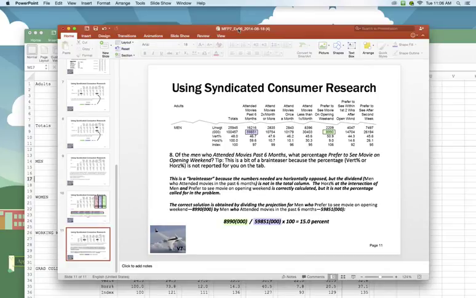But basically what they're trying to say is that we are looking at the horizontal percentage at the intersection of men, of the overall, and the prefer to see a movie. We're looking at within. So we're looking within these numbers here.